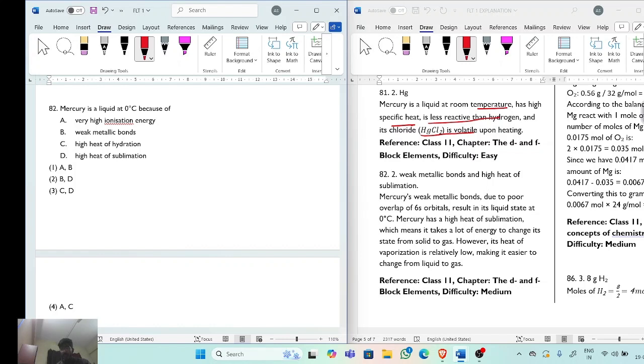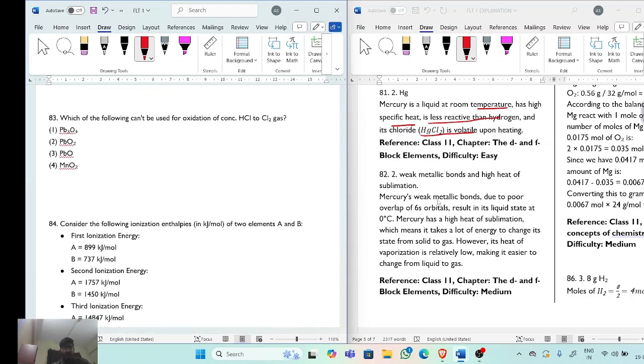Mercury has a high heat of sublimation, which means it takes a lot of energy to change its state from solid to gas. However, its heat of vaporization is relatively low, making it easier to change from liquid to gas. So weak metallic bonds and high heat of sublimation, options B and D, are our correct answer. That's why option number 2 is our correct answer.